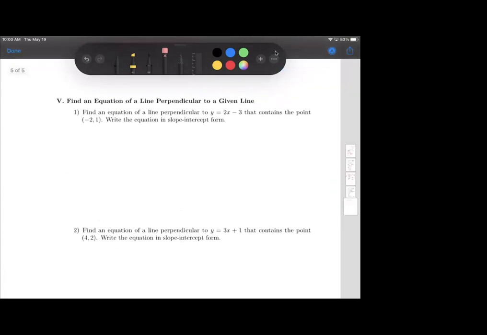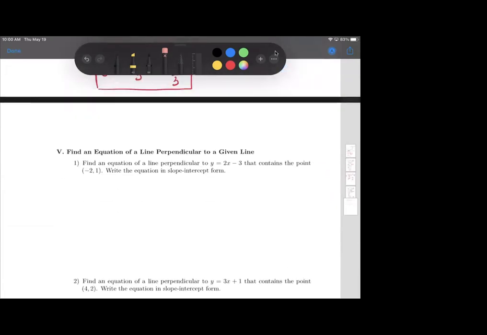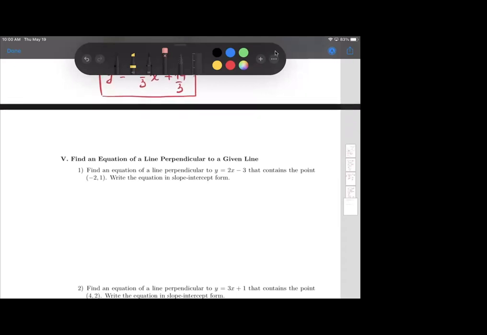All right, last one. Yay, we have 7 minutes, so I think we're going to finish this. Now find the equation of a perpendicular line. If it's perpendicular, then what happened to the two slopes? It's opposite reciprocal.